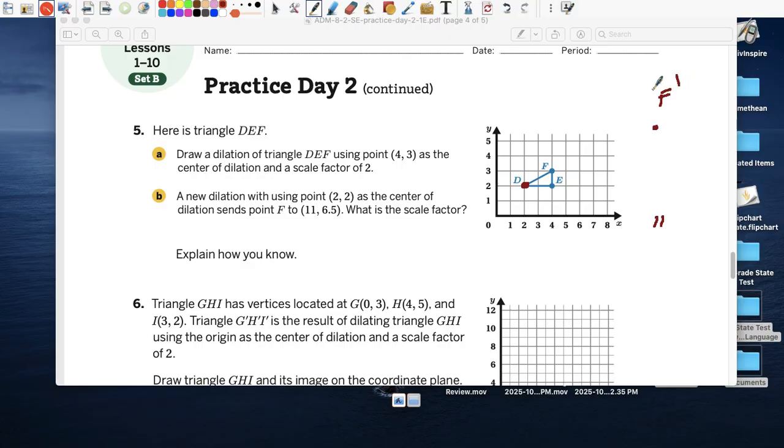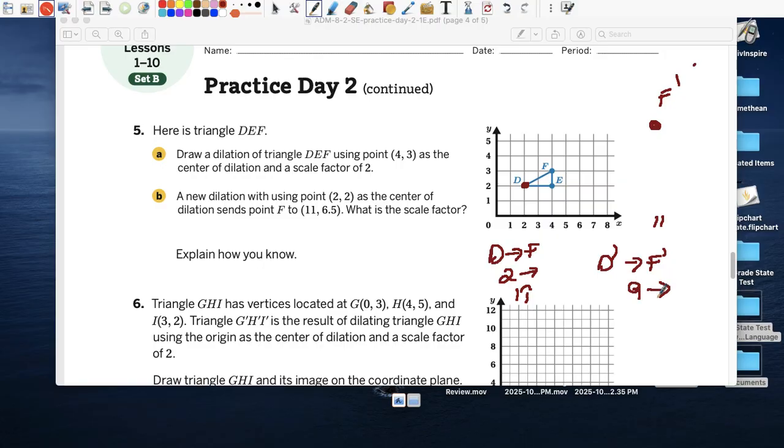Well, the easiest way to do it, like I said, is just compare the corresponding sides and see what the scale factor is. So from D to F, going in the right direction, I go 2 right, 1 up. But they're saying that from D prime to F prime, which is right over here, I have to walk, let's see, to 11, so 11 minus 2 is 9.